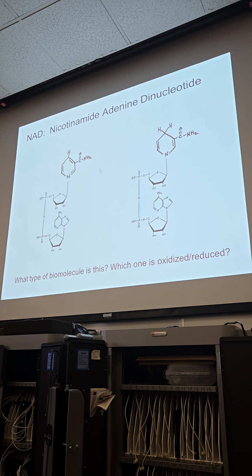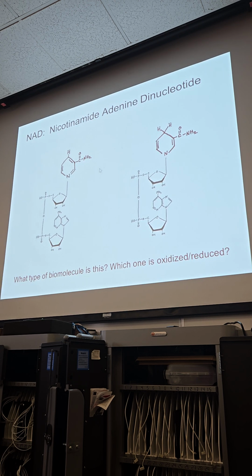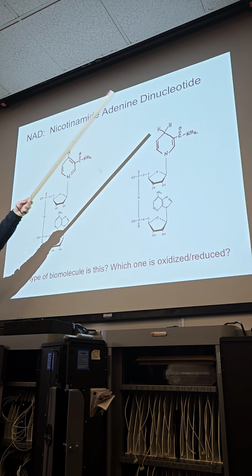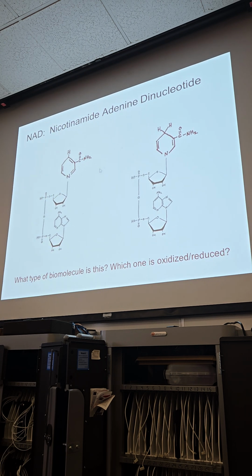What is this? A nitrogenous base. Excellent. Pyridine or pyrimidine? Purine. There we go. Oh, things you guys learned. Wow. And then we have another nucleic acid here. And here we have an H. All right. So, what is the purpose of this molecule? Transport protons. Excellent. Transport protons and electrons, right? So when we have the proton, we also have the electrons present as well. Okay?